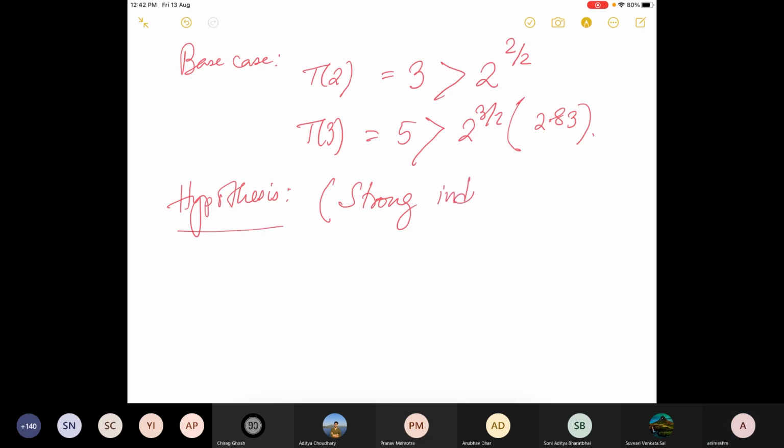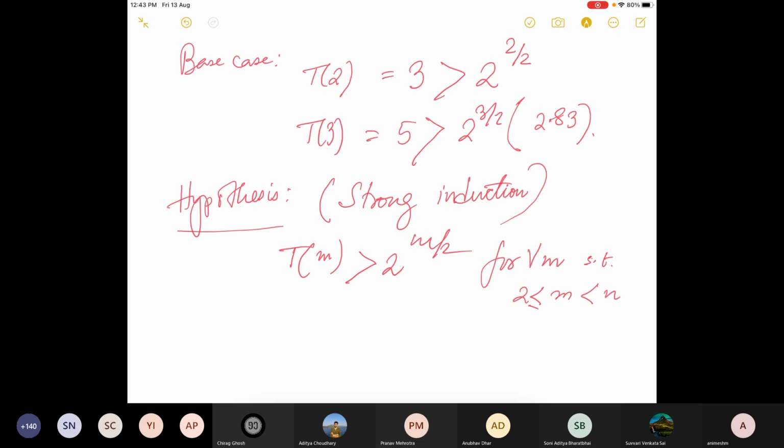So here our hypothesis will rely on the principle of strong induction. By strong induction hypothesis, I will assume that Tm is greater than 2 to the m by 2 for all m such that m ranges between 2 and n.